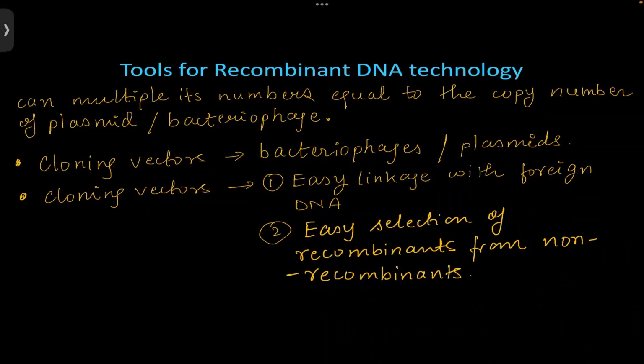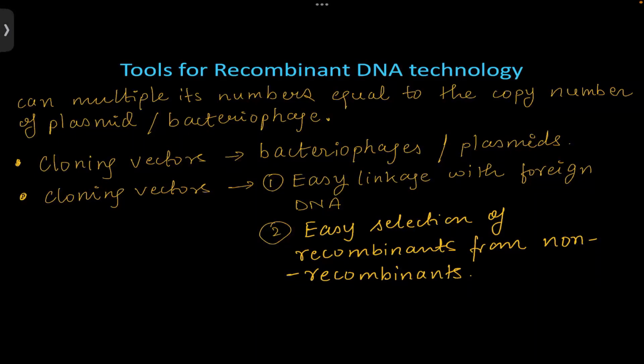When DNA replication happens, it will not happen just for the particular gene of interest, but for your entire recombinant DNA, that is plasmid DNA plus foreign DNA, or bacteriophage DNA plus foreign DNA. You will get multiple copies, and in each copy you will have your foreign DNA or piece of your gene of interest.